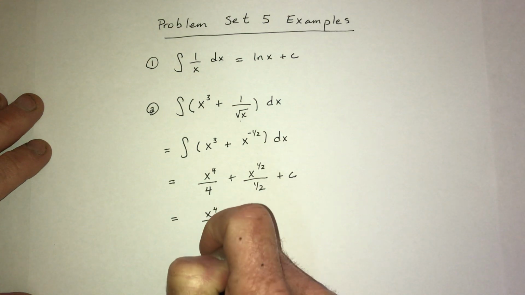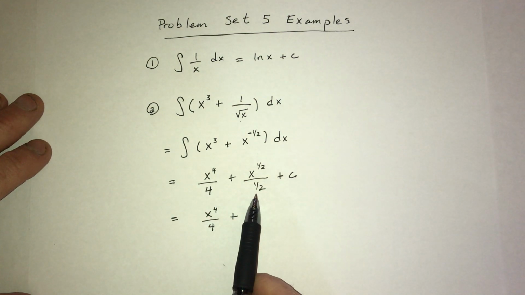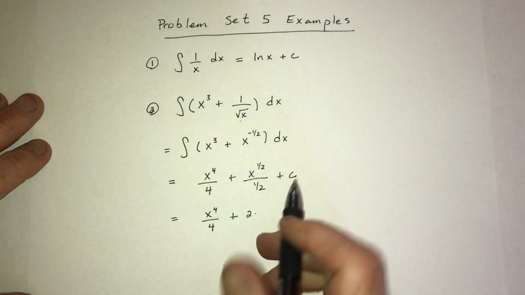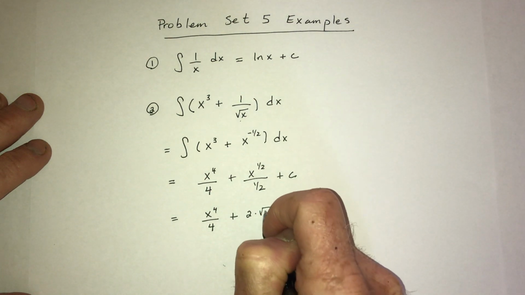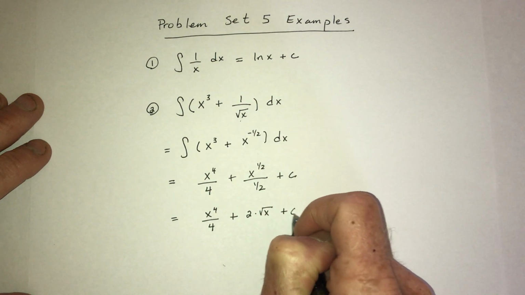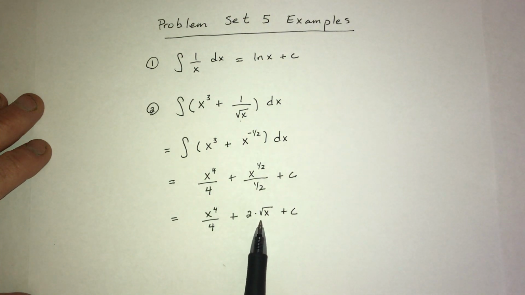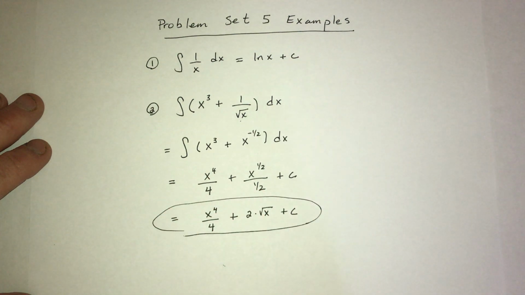X to the 4 over 4 is fine. But when you're dividing by a fraction, invert and multiply, which means we'll be multiplying by 2. And you could just leave this as x to the 1/2, or you could rewrite it as the square root. Since the original problem had square root, then I'm going to put it as square root. And then this one is done.